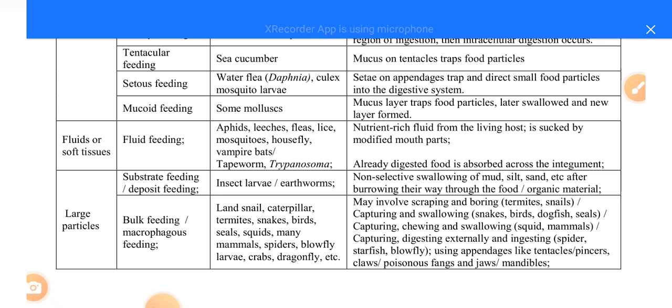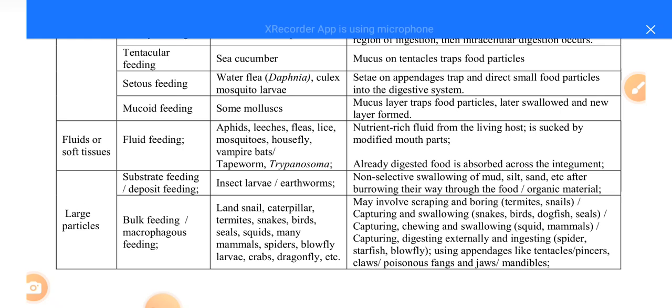The description may involve scraping and boring. Boring means making small holes. Here we have the termites and the snails. We have capturing and swallowing. Here we have the birds, snakes, the dogfish, and the seals. We have capturing, chewing, and swallowing. Here we have the squids and the mammals.